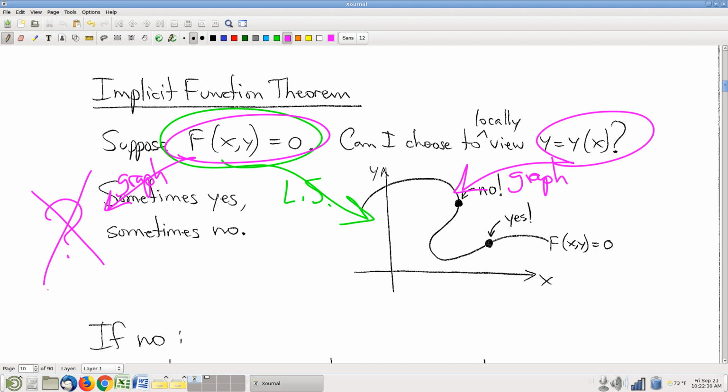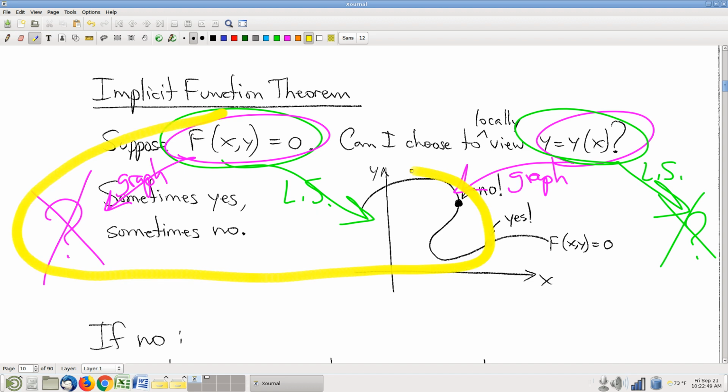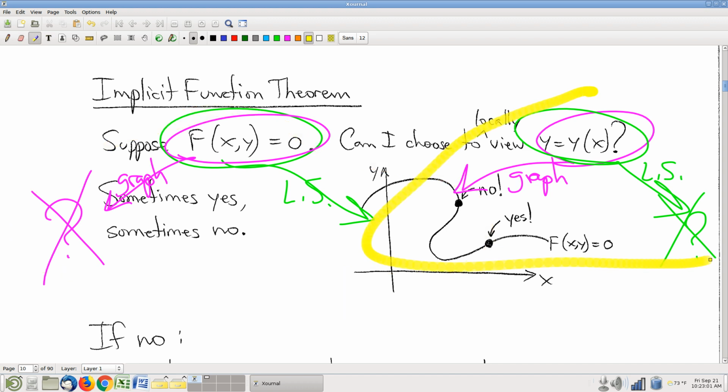Everybody clear on that? Also, we're not asking what are the level sets of this other function y? We're not interested in that either. Granted, if you have a single function, then you can consider what its graph looks like and what its level sets look like. That gives you two different geometric points of view on one function.